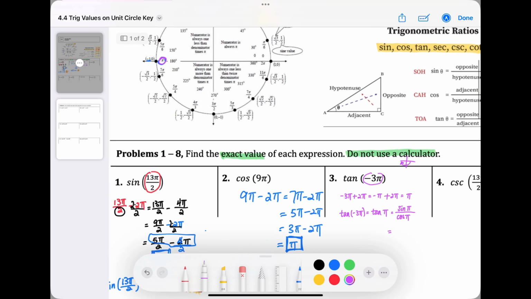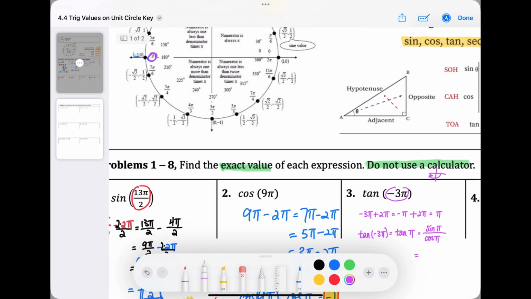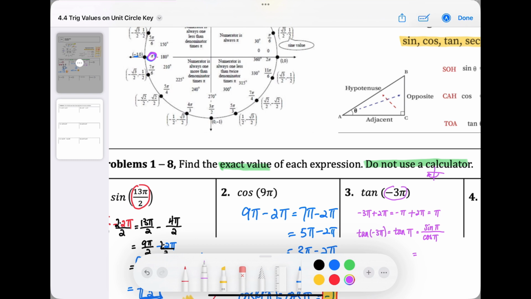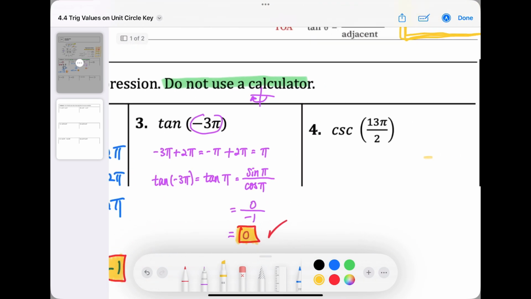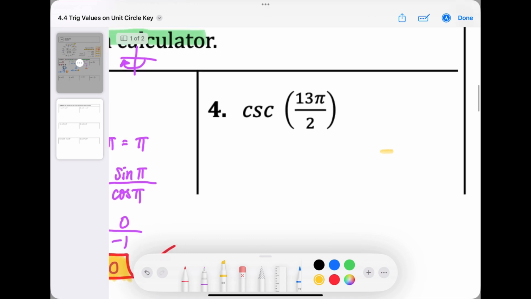Go back to the unit circle. You know that sine is the second number, which is 0, and cosine is the first value, the x value. So 0 divided by negative 1. My final answer is 0. And this is correct. So the tangent of negative 3 pi is equal to 0.